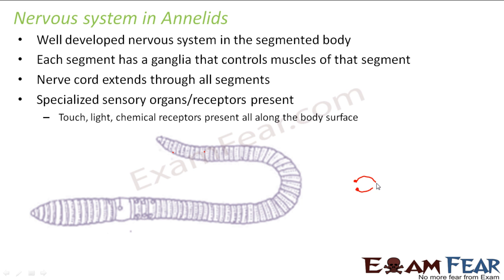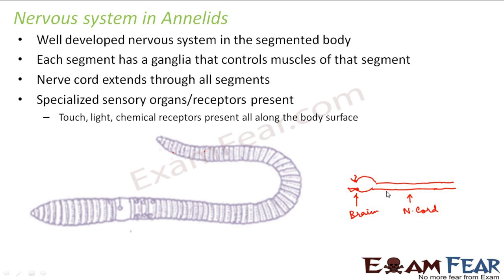These would represent the ganglia for the brain, and then it has two nerve cords which extend through all the segments. So this would be the nerve cords. These would be nothing but the brain, that is the ganglia or the bundle of nerves which act as the brain.